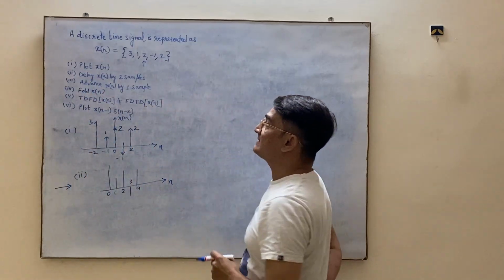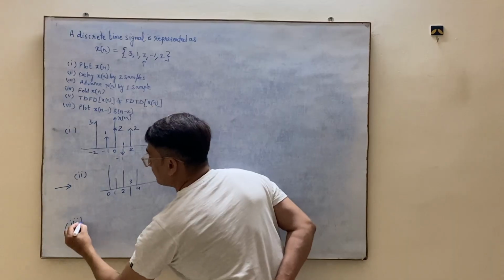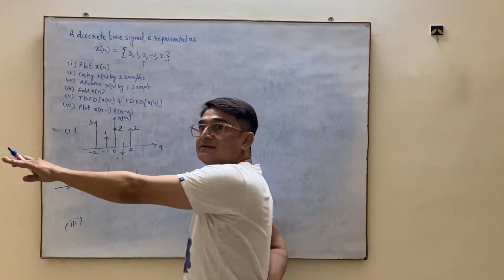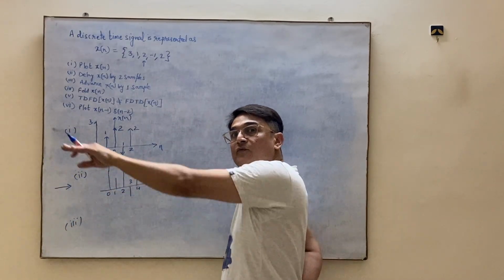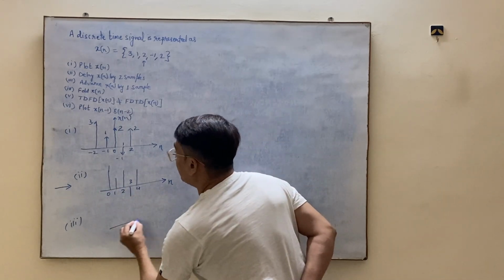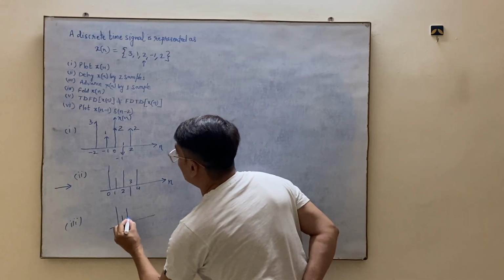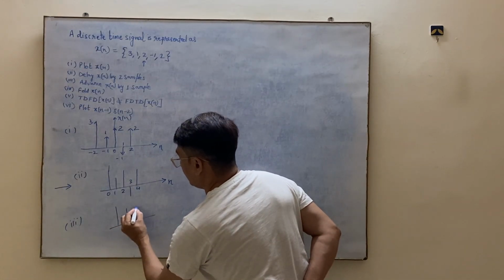Third part is advance x of n by 1 sample. Advancing x of n by 1 sample means you have to move your signal from right to left. So again it will be 3, 1, 2, minus 1 and 2.